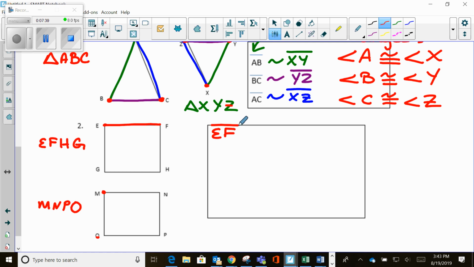That lets me know I'm talking about side EF is similar to what side of the second rectangle? MN. Okay? Based on the way that I wrote the name, EF is in the same position as MN. That's why they're similar.